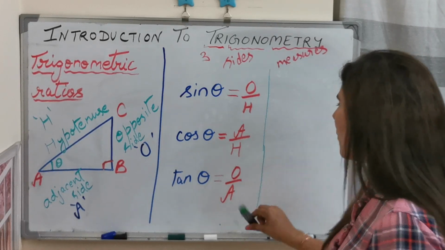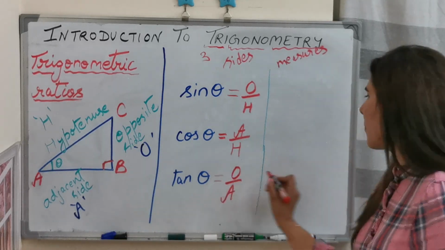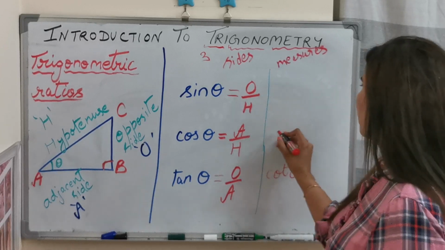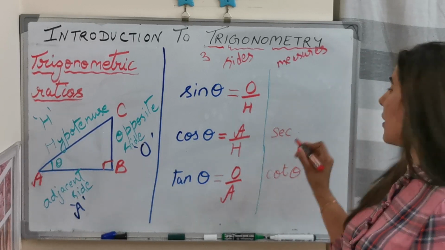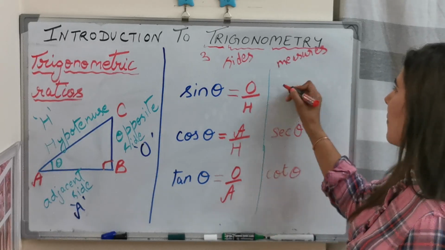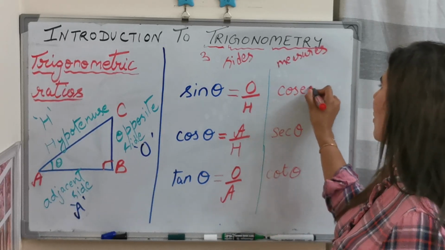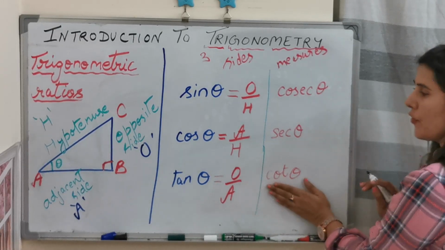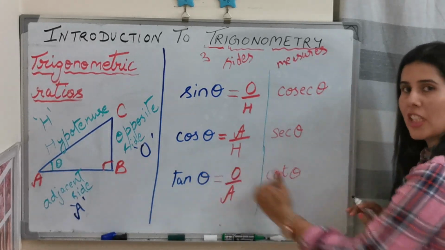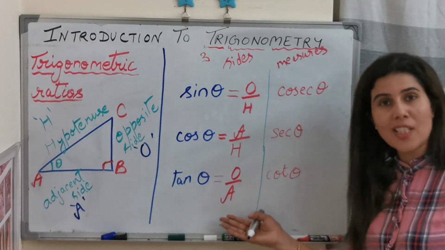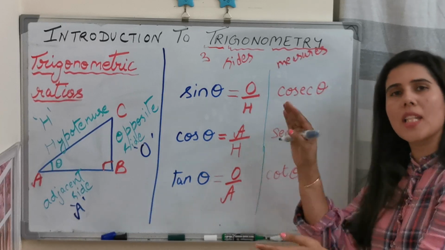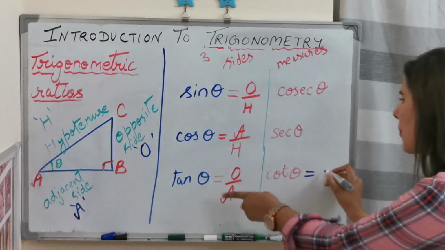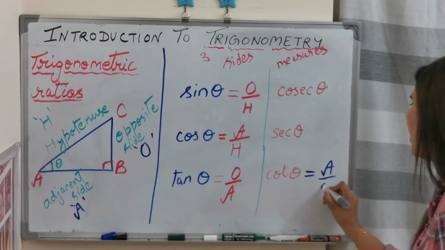So children, the rest of the trigonometric ratios are cot of theta, secant of theta denoted by SEC theta, and last one is cosecant theta. Cot of theta is opposite of tangent theta. So whatever value of tangent theta we are having, we will just reciprocate it. So here the value of cot theta will be, just reciprocate the value of tangent theta. So we will get A by O.